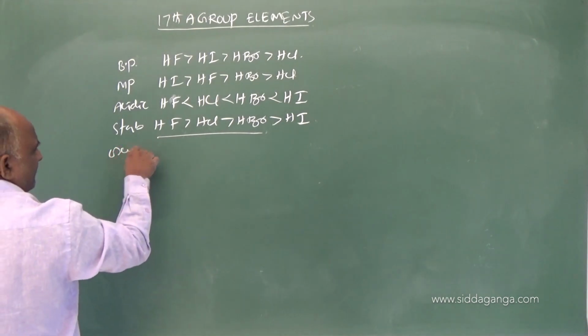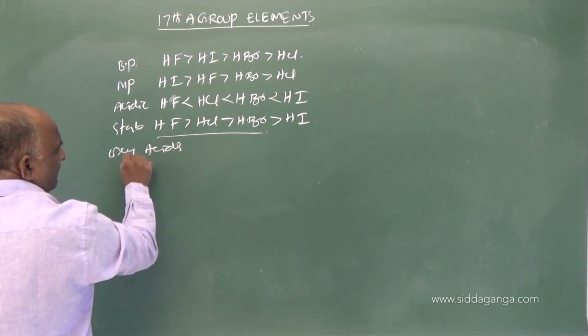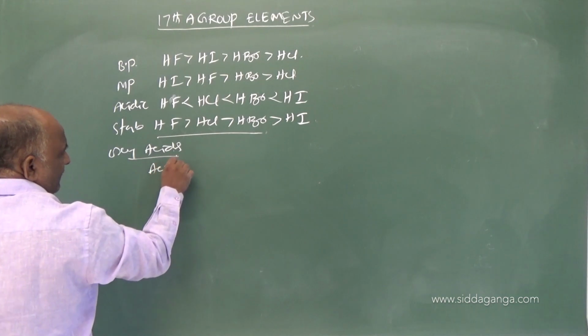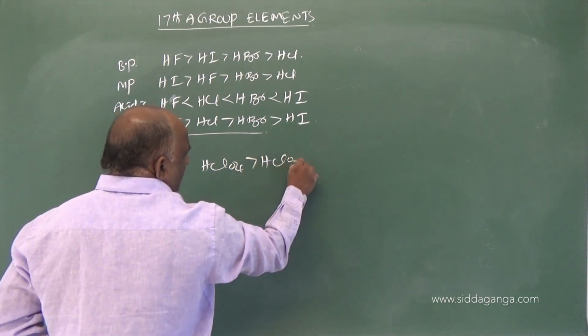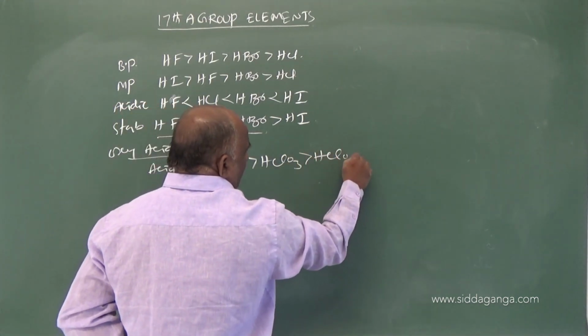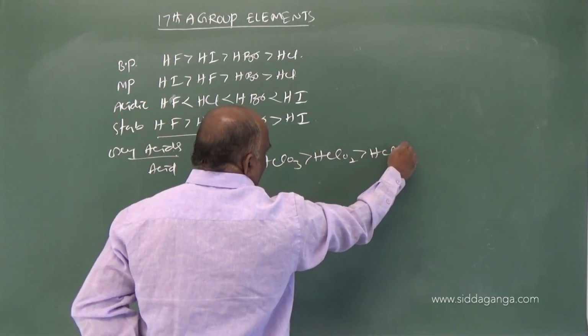And oxyacids, acidic strength: HClO4, HClO3, HClO2, HClO.